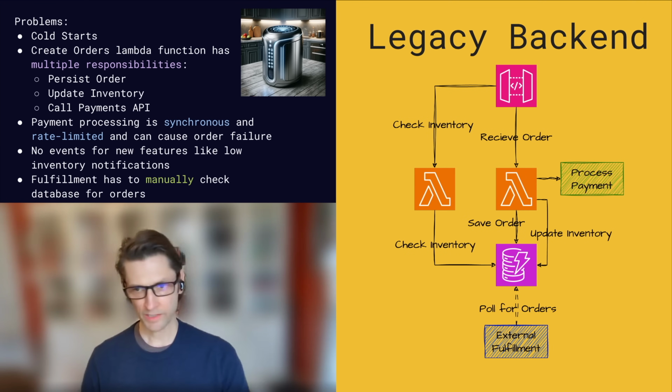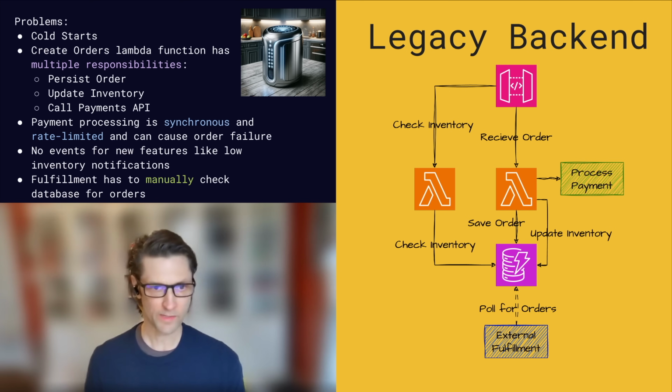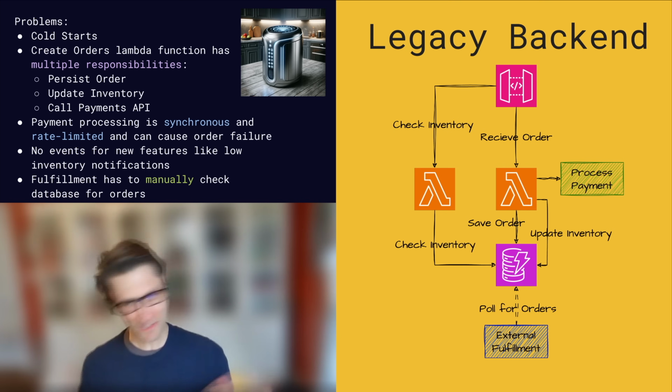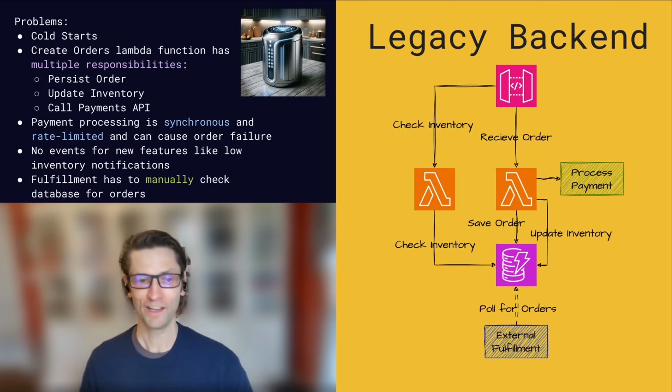All right, so let's get back to our WIM system and look at version 1 of that system and the kinds of problems that we had with it. It is an API Gateway, Lambda, DynamoDB system. We've got a couple of Lambda functions here, just two for demo purposes, but in a real-world example we'd probably have more.